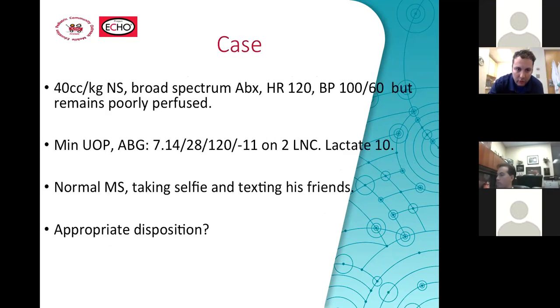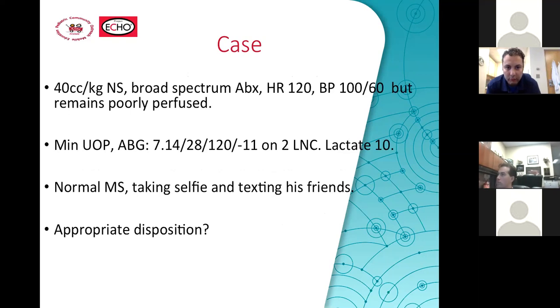So as she rolled in, she was flagged, as we heard from the last lecture 3 weeks ago from Dr. Wager about having an initial sepsis algorithm and an alert. So she was alerted as a septic patient, given her risk factors as an ALL patient who's neutropenic and febrile. So she got 40 ml per kilo fluid boluses in 2 sequences of 20 ml plus 20 ml.